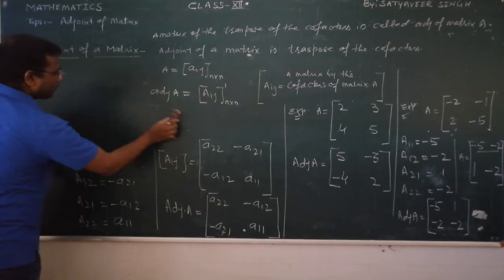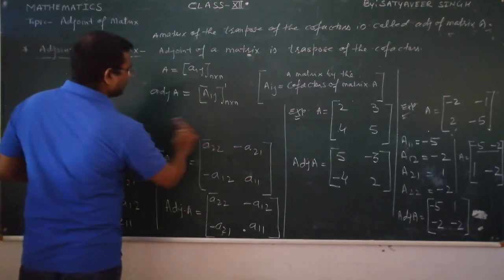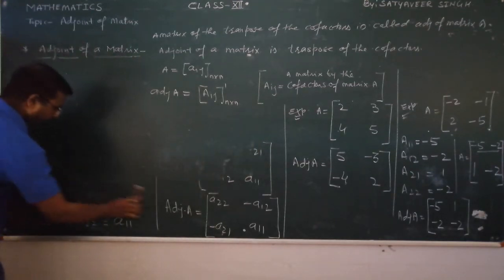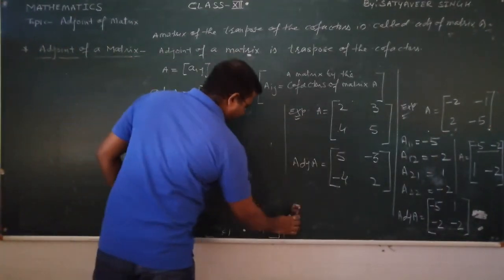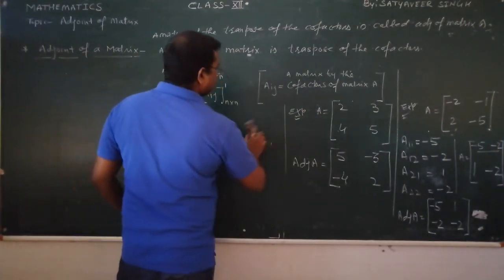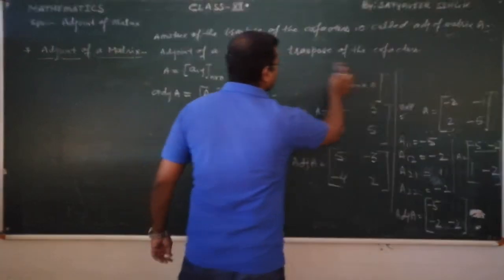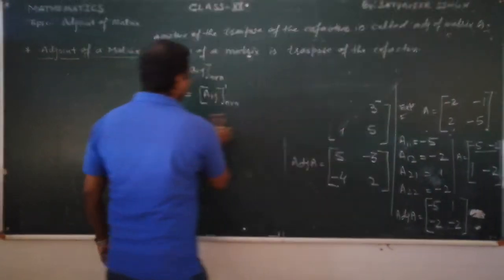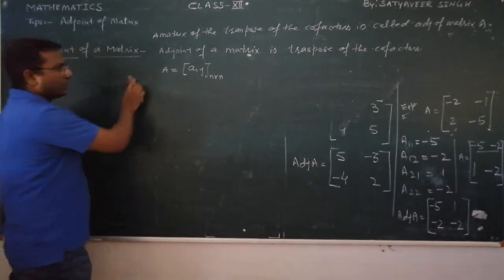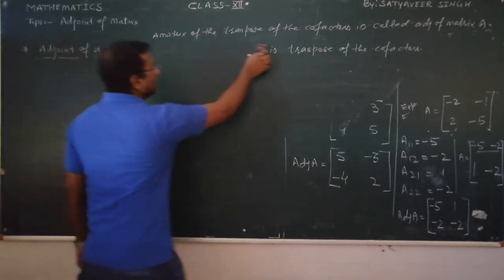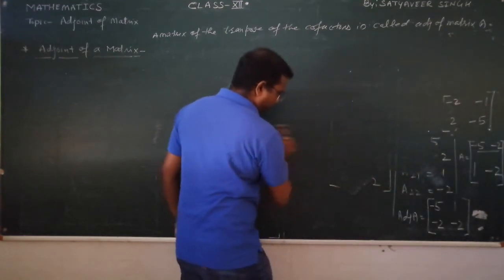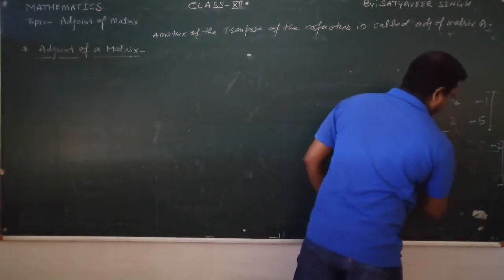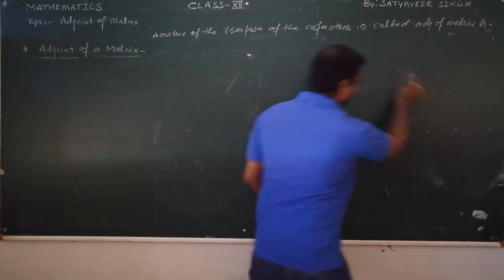But what about if it is a matrix of order 3? If it is a matrix of order 3, then you will have to go step by step, and you will have to find out the cofactors of each element and find out the transpose of that.